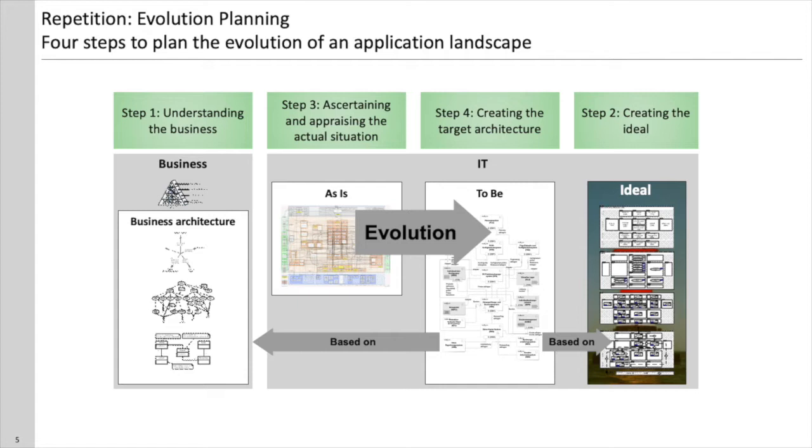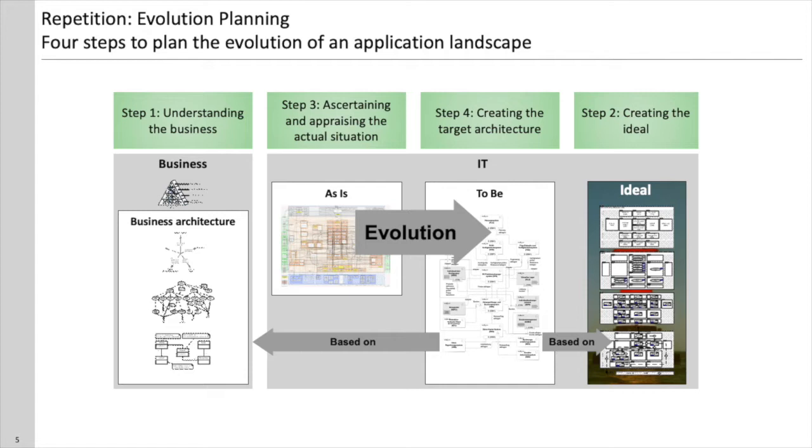After understanding the business to the appropriate degree, the next step in this abstract view of evolution planning is creating the ideal. We said we do not look at the as-is situation first, but we abstract from that for a while.